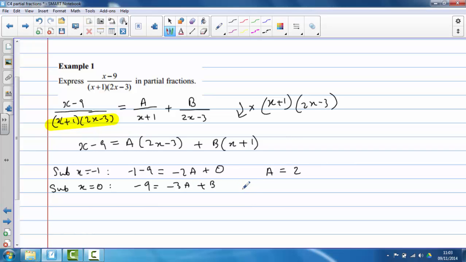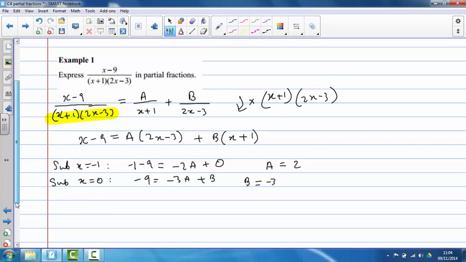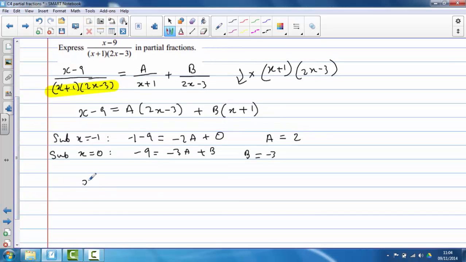A is 2, so you've got minus 9 plus 6, and therefore b equals minus 3. And so therefore our fraction x minus 9 divided by x plus 1 times 2x take away 3 equals 2 over x plus 1 minus 3 over 2x minus 3.